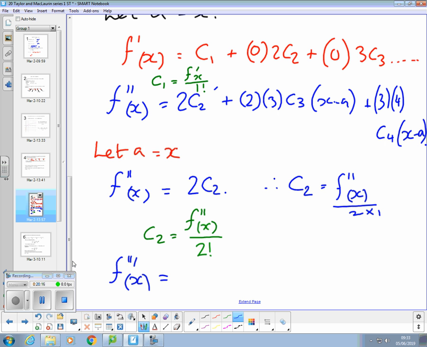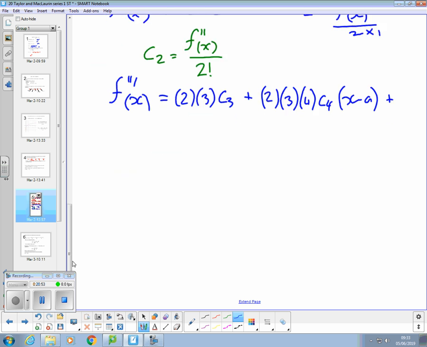We'll have 2, I'm going to still write it as 2 times 3, C3, plus 2 times 3 times 4, C4, (x minus a), plus, and that'll be 2 times. I'll only go up to the 4th one, but you can carry them on.